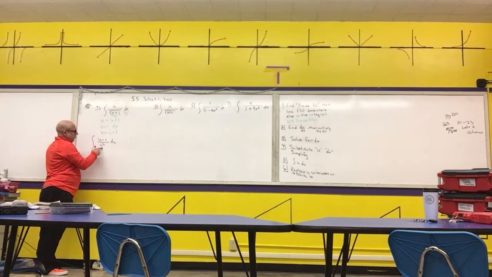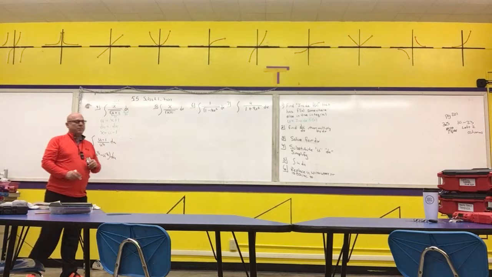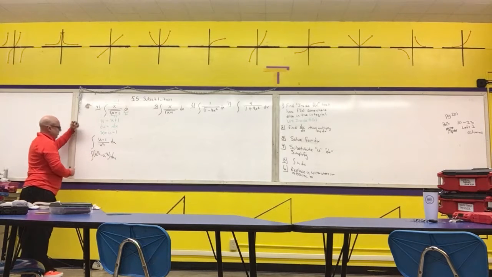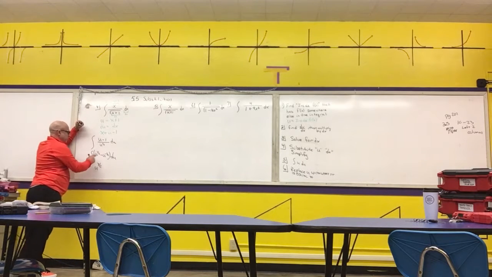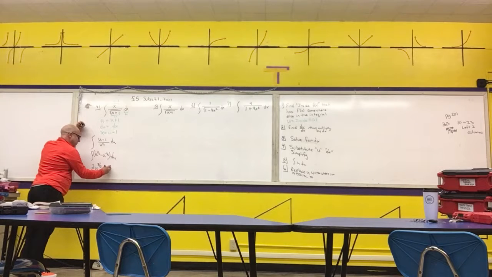So u over u to the 1/2 is u to the 1/2, minus 1 over u to the 1/2 is u to the negative 1/2 du. And now both of those are memorized integrals or antiderivatives. So I'm going to add 1 to the exponent, divide by the new exponent. I'm going to add 1 to the exponent, divide by the new exponent.